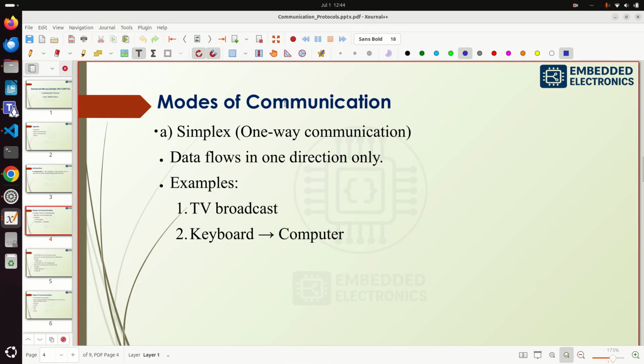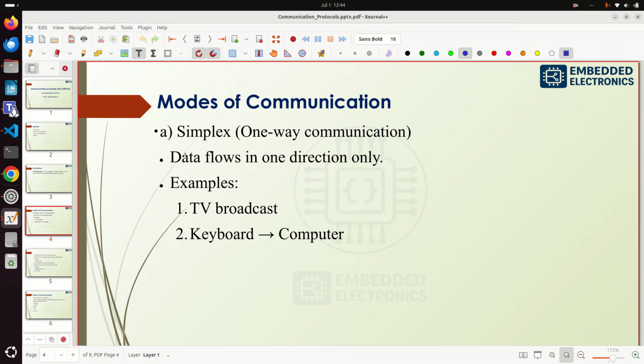So here we have simplex. What do you mean by simplex? That is one-way communication. So if communication happens in one direction, or one-way communication, that is simplex. So here data flows in one direction only.